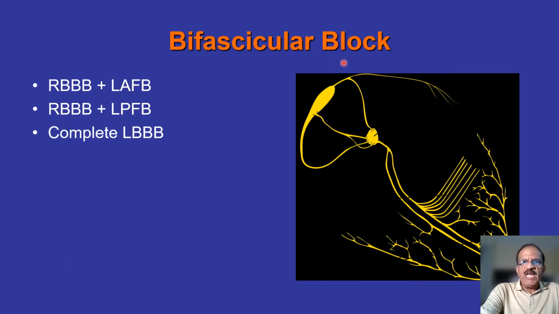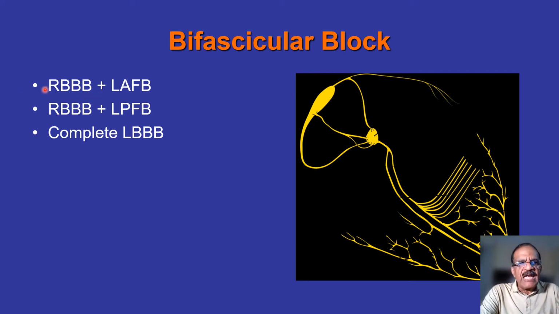Bifascicular block. What is bifascicular block? Right bundle branch block plus either left anterior fascicle or left posterior fascicle. That would be called bifascicular block, or complete left bundle branch block. How to diagnose these? You apply the criteria of right bundle branch block, which we will discuss in the last module, and then you see axis deviation.